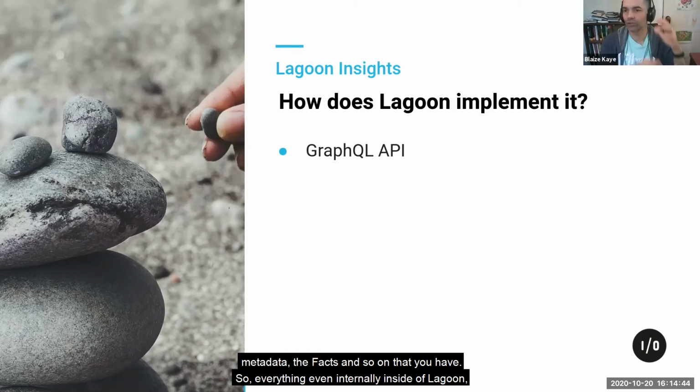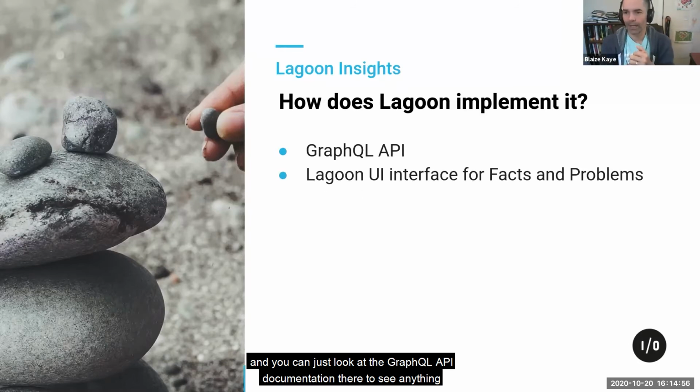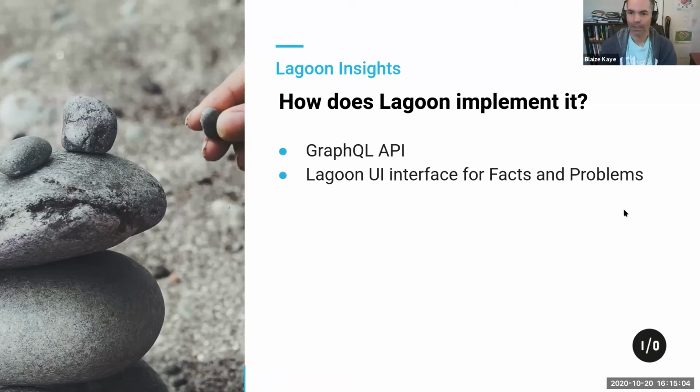Even internally inside of Lagoon, with the various different microservices, everything basically goes through the GraphQL API. And you can just look at the GraphQL API documentation to see anything with facts, problems, or metadata. But I'll show you a couple of the queries in our demo.